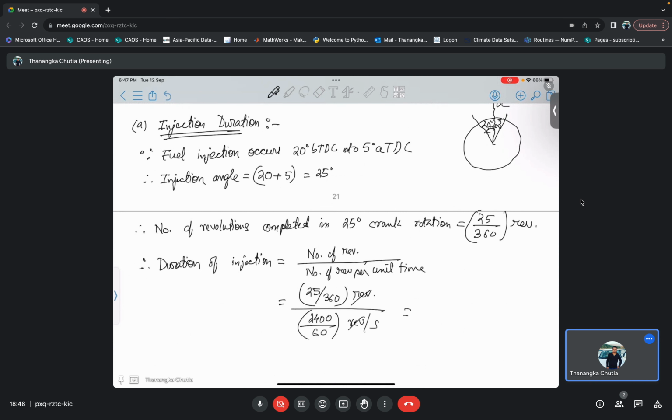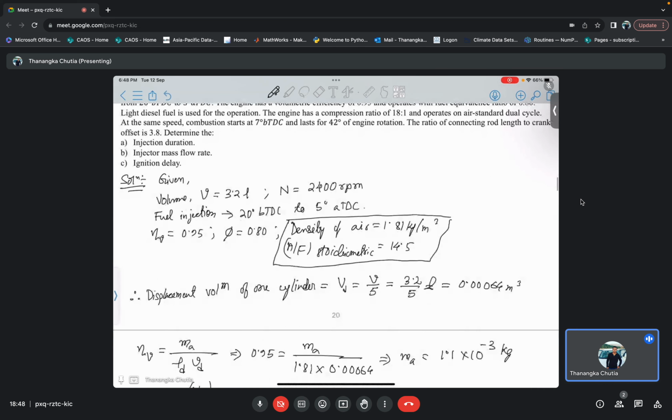25 into 60 divided by 360 into 2400. So this is 1.736 into 10 to the power minus 3 seconds. Okay, so this is your injection duration.